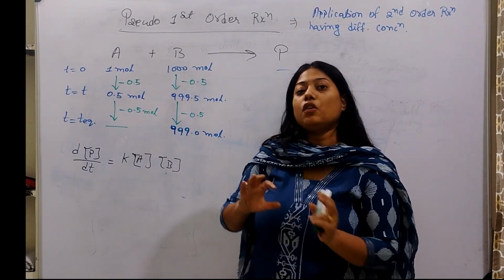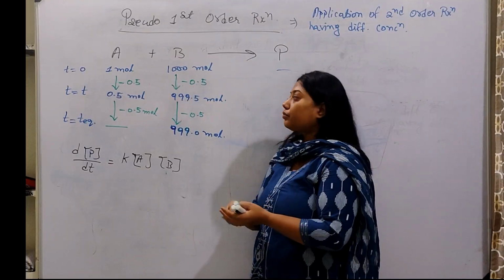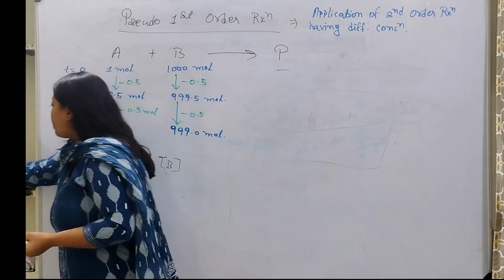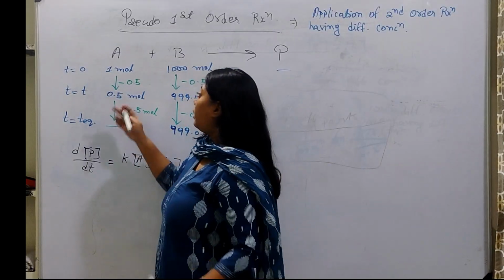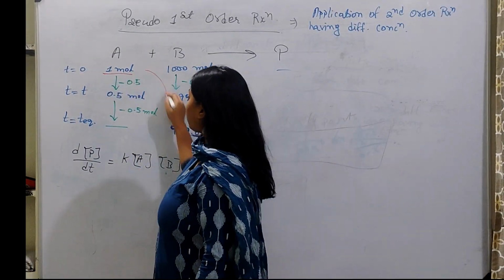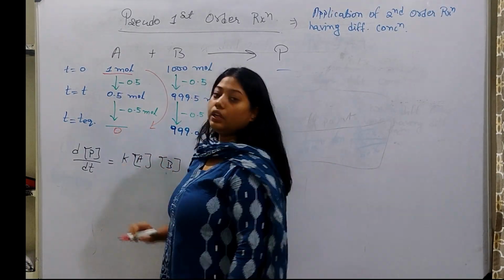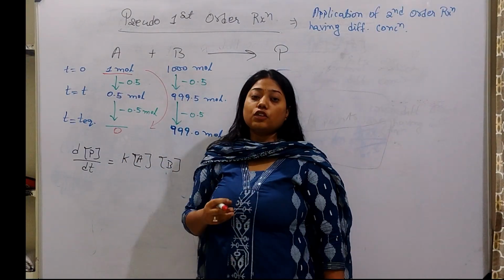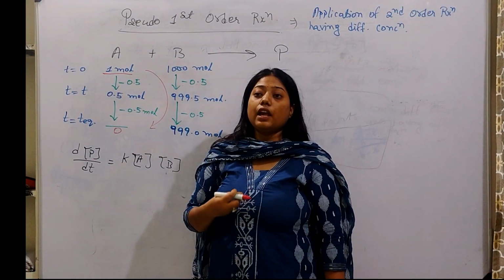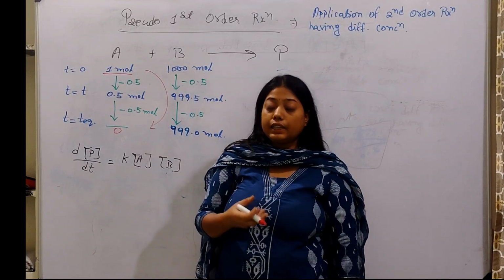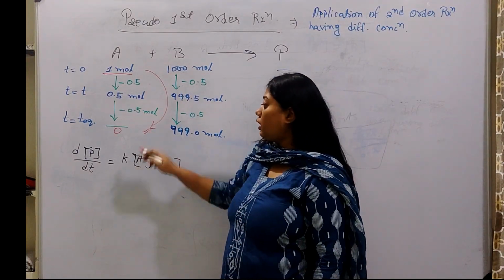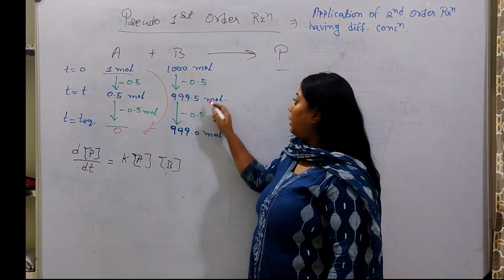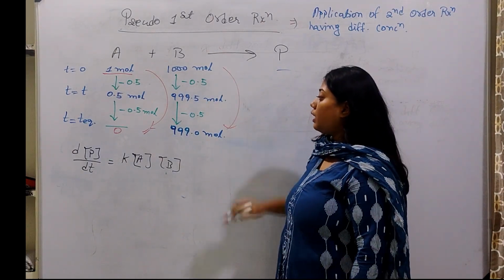Okay, so the same concept applies here itself. Since it has the very lower concentration, that is 1 molar, and from 1 molar after the reaction 0 is left, here the change is actually visible. We can say that a considerable change has occurred here, but here the change is negligible.